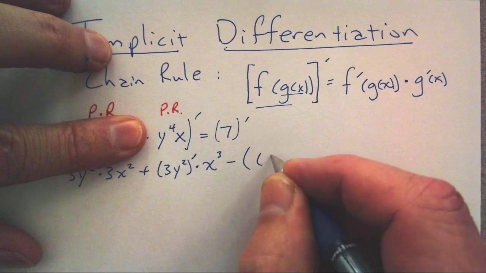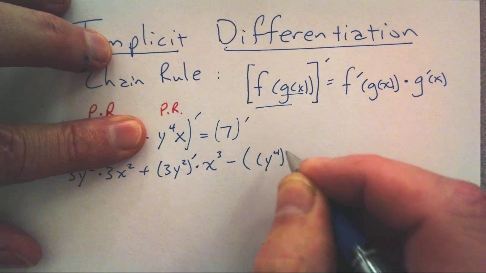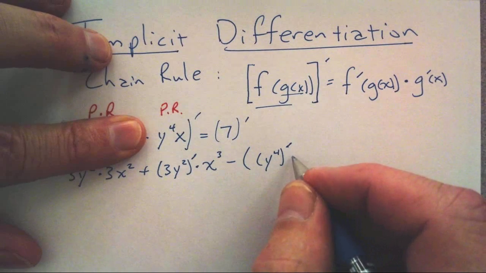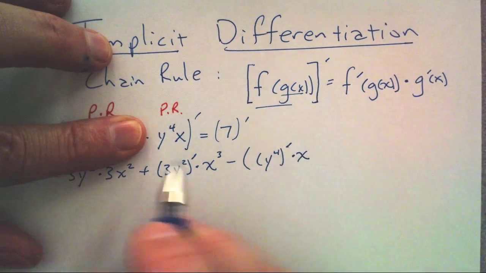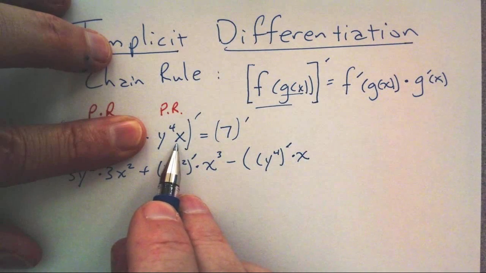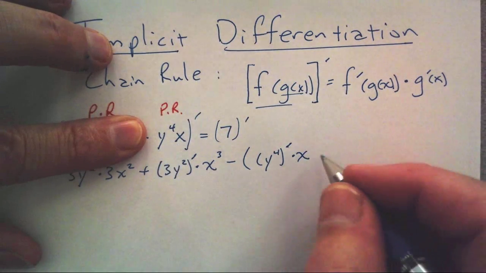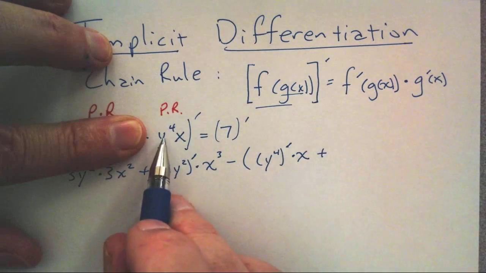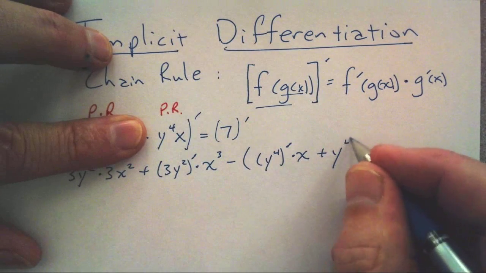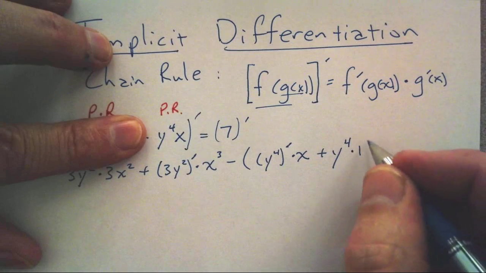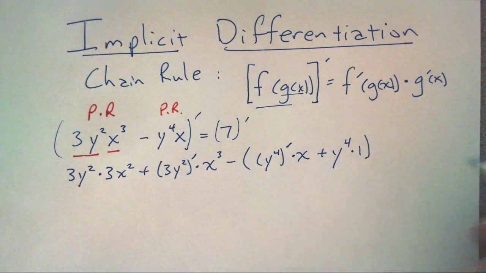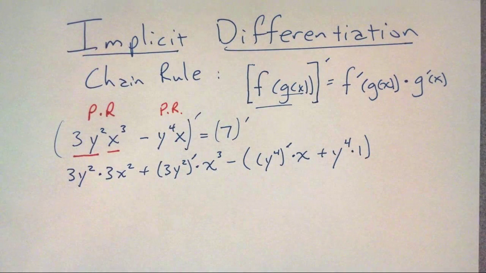I'm just going to write that as y to the fourth's derivative times just plain second factor, I mean factor, plus the just plain first factor times the derivative of the second. Okay, here's where the chain rule part comes in.